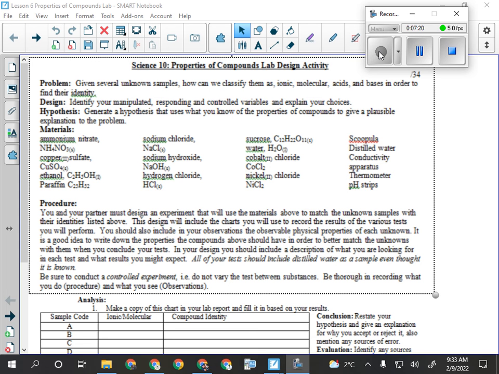Which leads to the responding variable. What am I recording in this lab? Every time I test a new unknown compound, what am I recording about it?